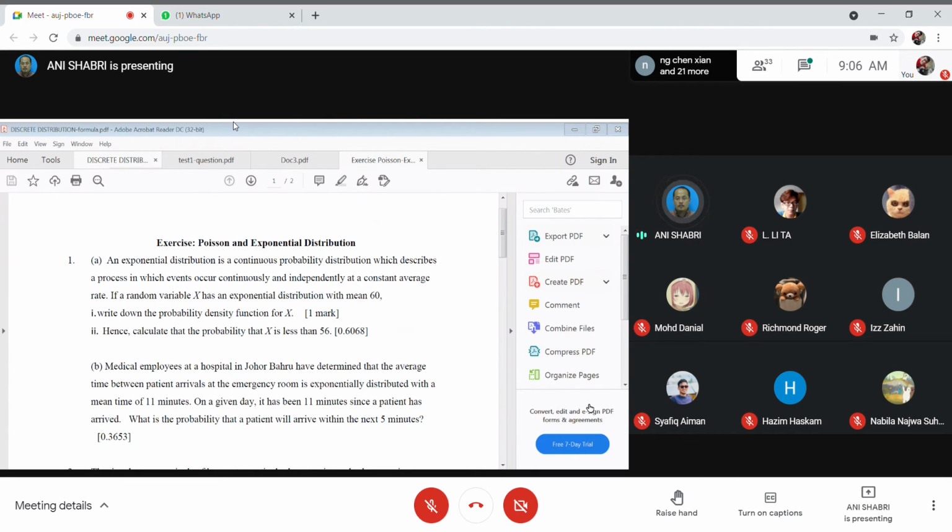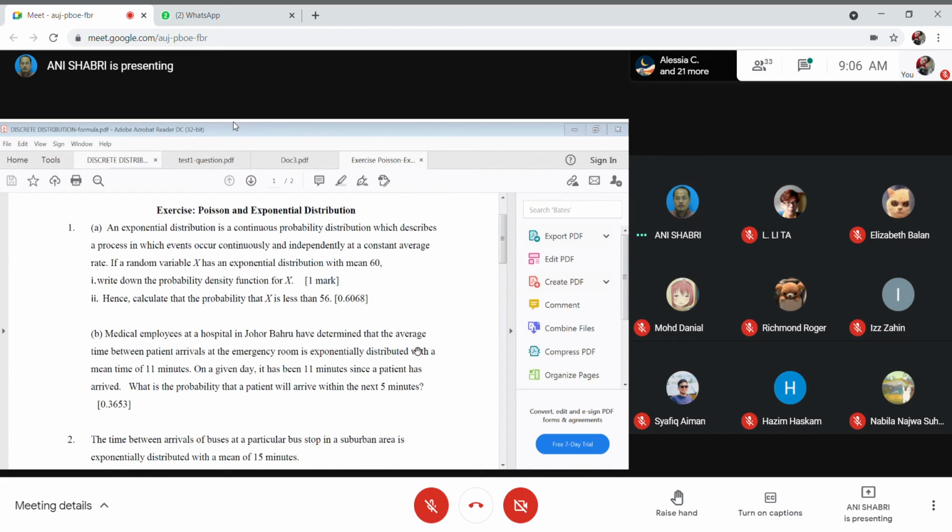Okay, we try to do it together. The number 1, number 1A: write down the probability density function for X. For this one, what is the distribution for X?